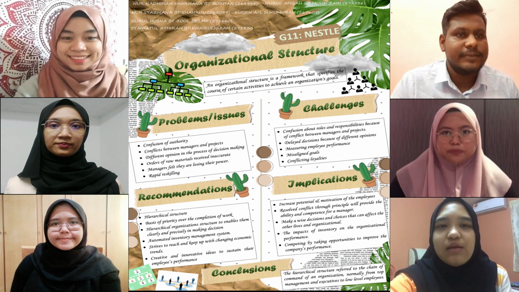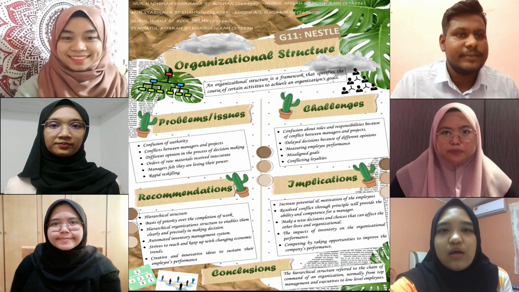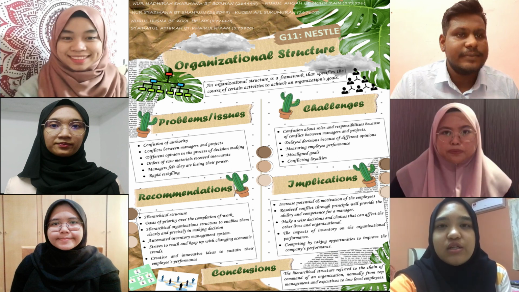It also eliminates the disagreement between both managers in the functional and production departments, because they must obey the order from the top level management. For example, decisions from executive and non-executive chairmen.